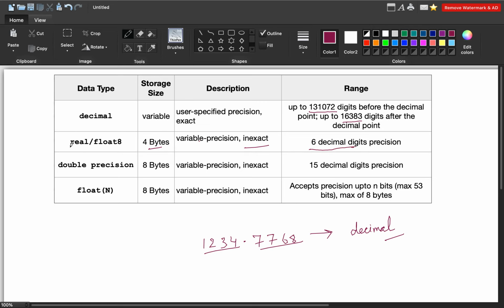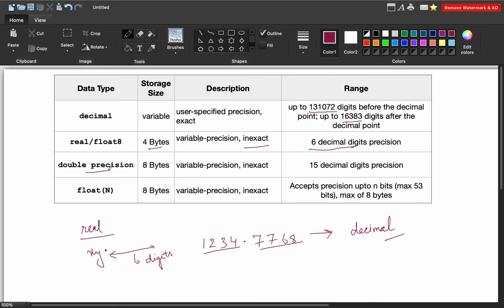So when we talk about the real data type, after the decimal, it can have a maximum of 6 digits.